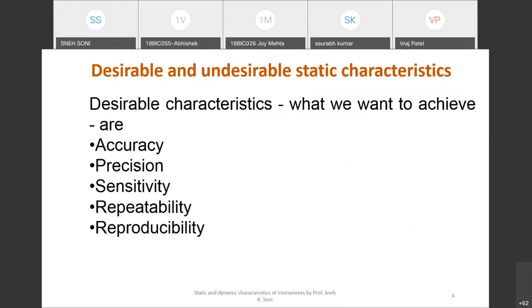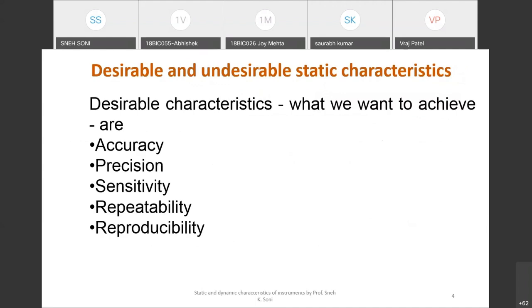Now in static characteristics, there are a few desirable static characteristics, as I told you about desirable and undesirable. Desirable means which we want to achieve, or which we actually want, right? So, as we know, there are different terms such as accuracy, precision, sensitivity, then repeatability, reproducibility. These are the desired static characteristics.